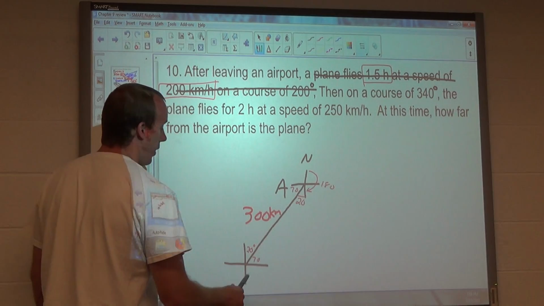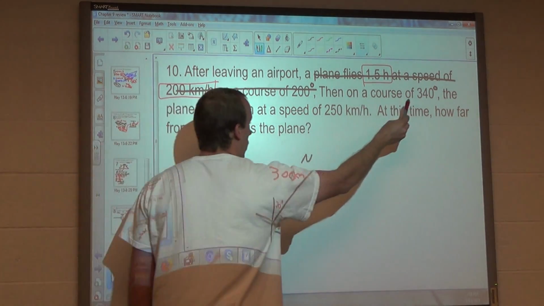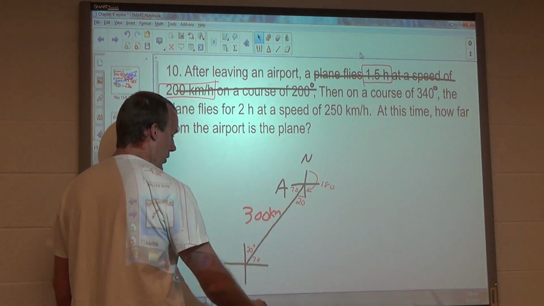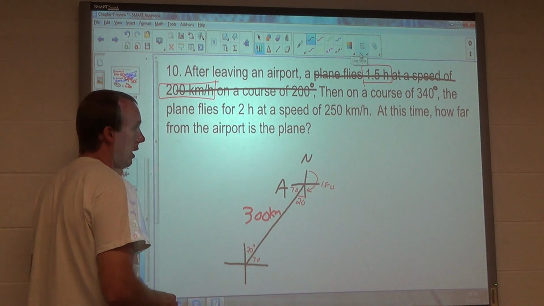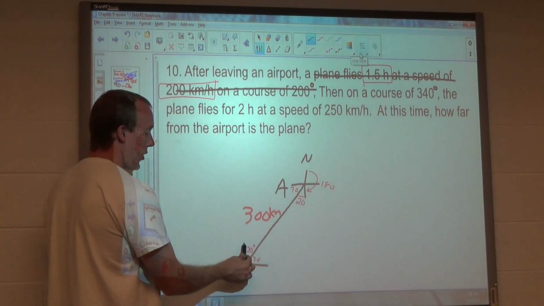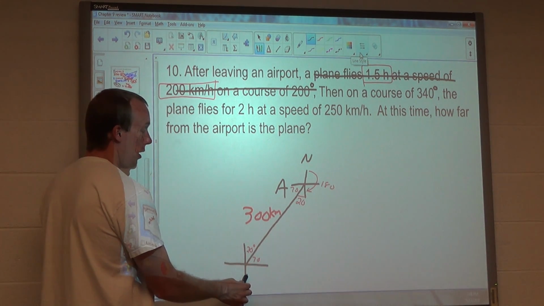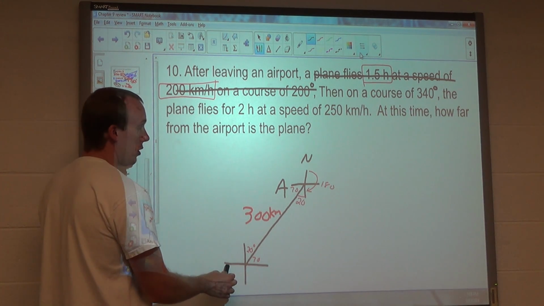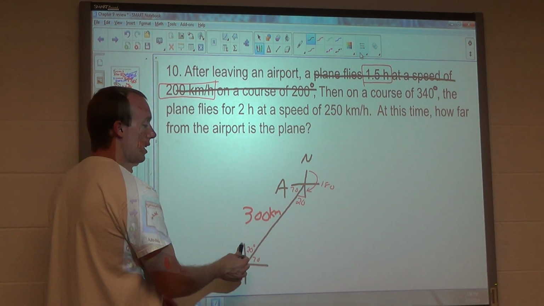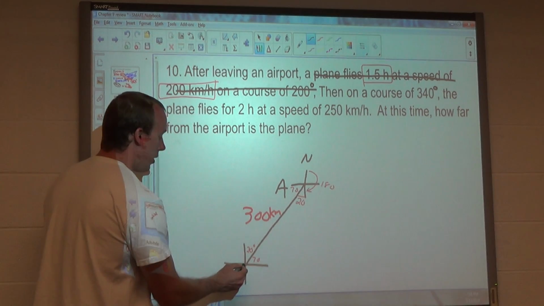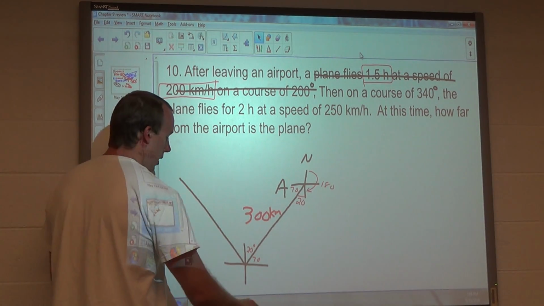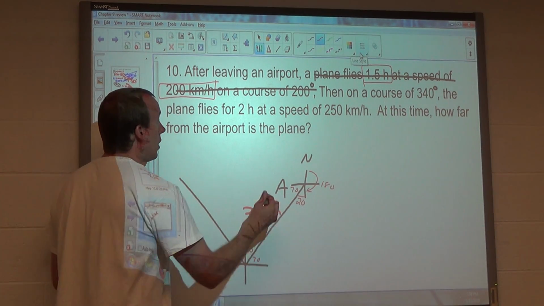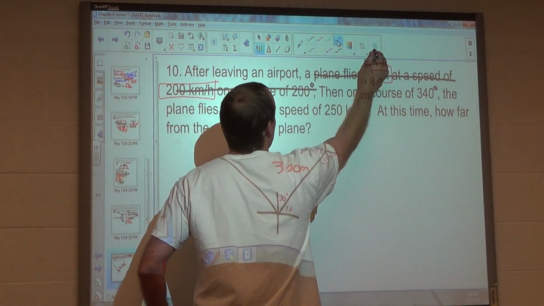Okay, so now he is changing his direction and going on a course at 340 degrees. So 340, if you start again at the north, you'd go 180, and then you'd go another 270, and then 360 is a full circle. So if 360 is the full circle, we'll pick blue here.